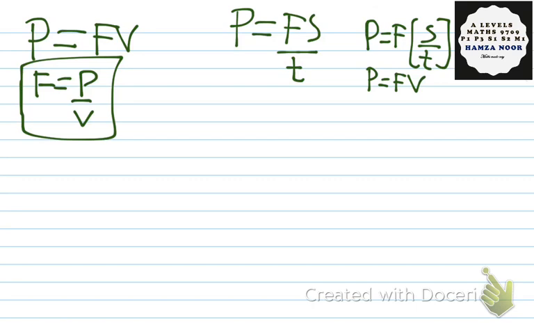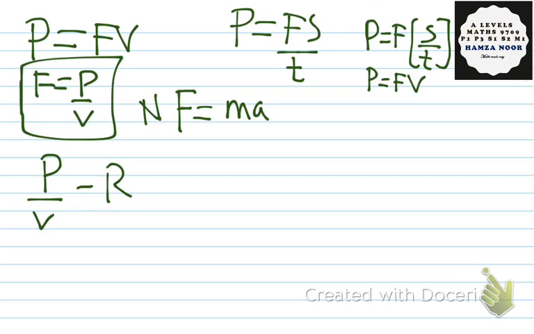According to Newton's second law of motion, net force is equal to ma. The driving force is P over V, so P over V minus R is equal to ma.